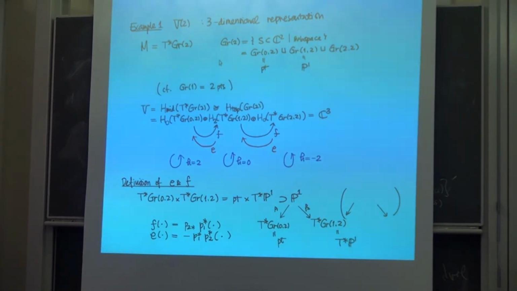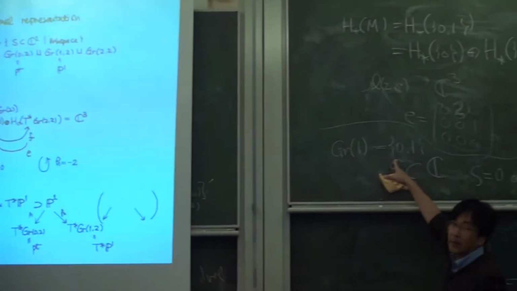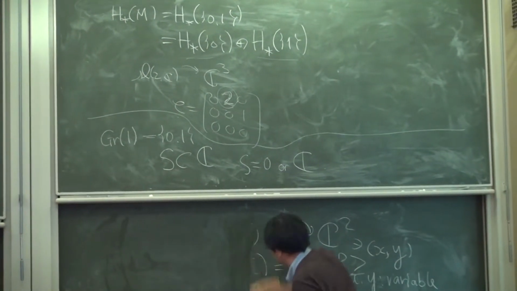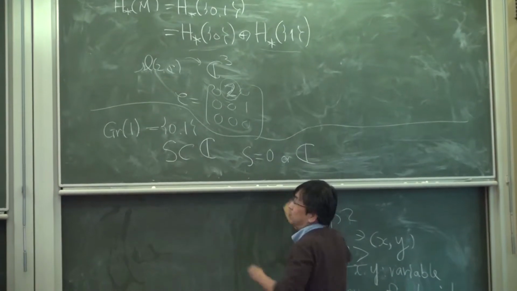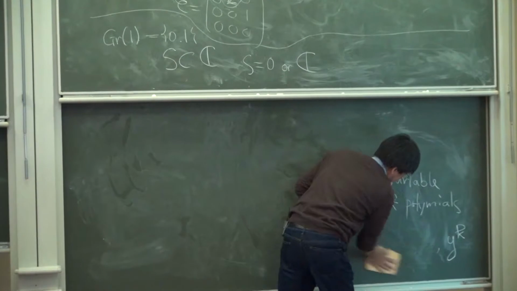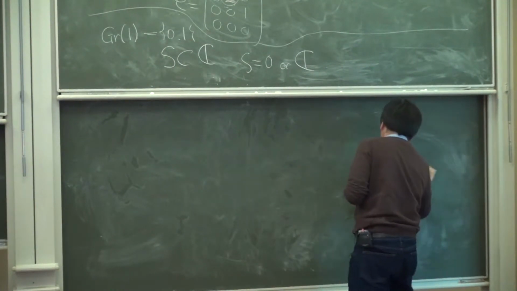So I give the definition of E and F. E and F are some generalization. In the previous example, I considered the map from 0 to 1 and from 1 to 0. So in this example, I also want to consider operators coming from a map, but you must do it in a slightly more sophisticated way.